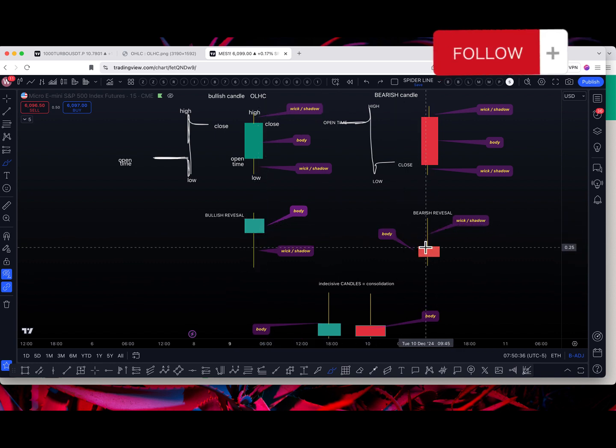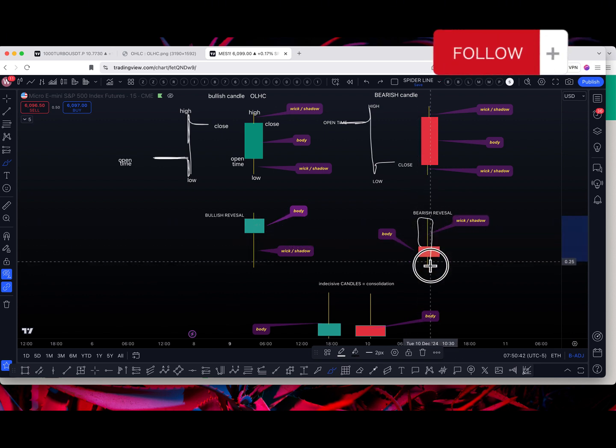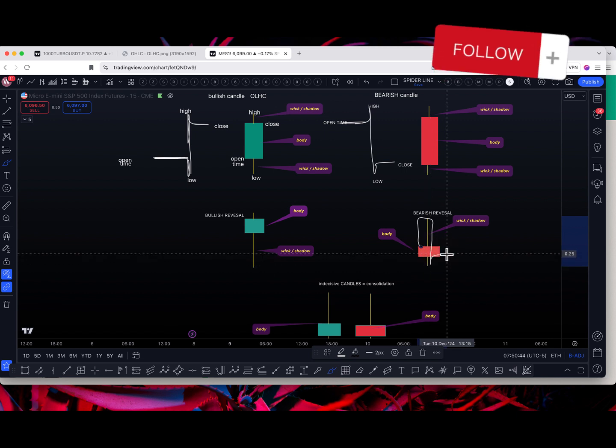Just like this bearish one: the market opens, then goes up, cuts the high, and looks bullish at the time, only for it to go back down and close near the low. That is a bullish reversal and a bearish reversal candle.